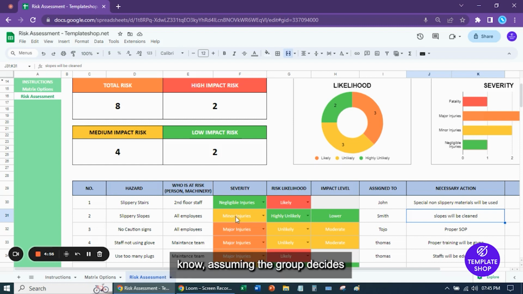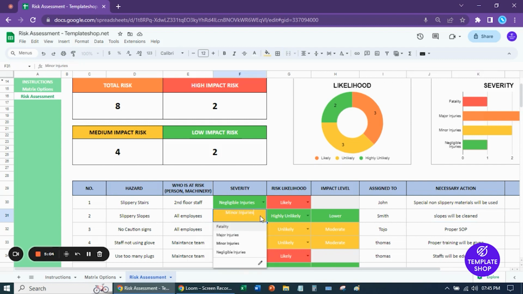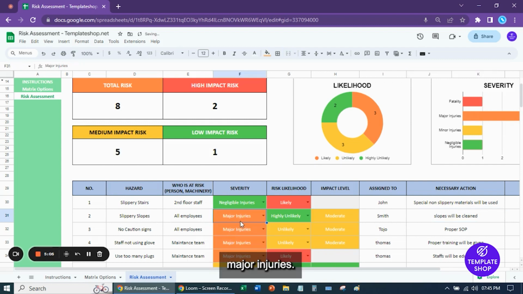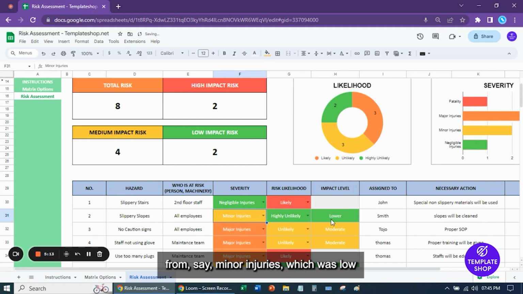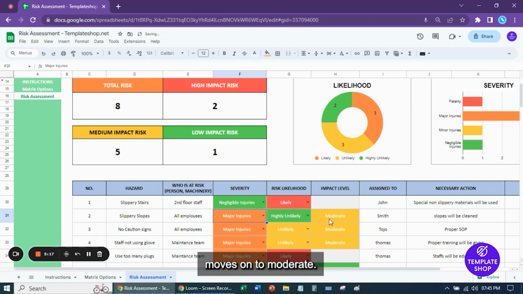Now, assuming the group decides that instead of minor injuries, slippery slopes could lead to major injuries. The moment we do that, the risk, which was low for minor injuries, moves on to moderate.